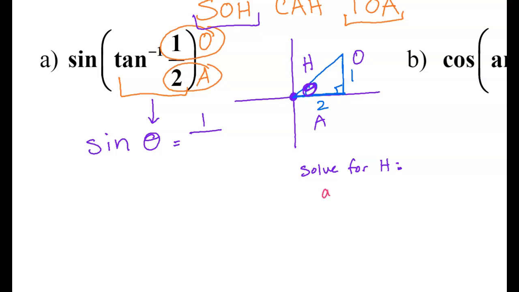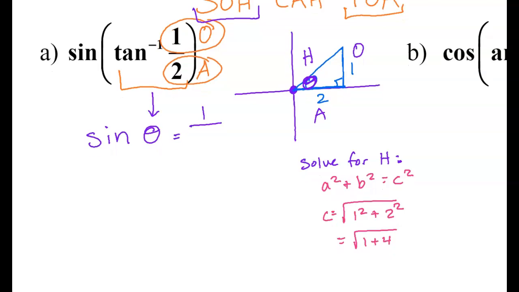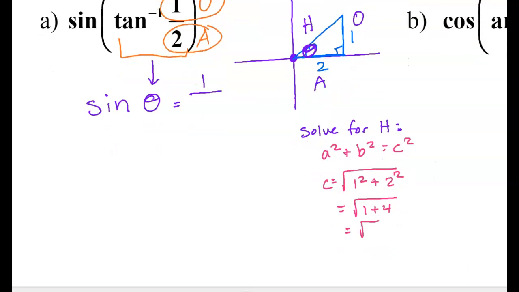Yes, Pythagorean theorem. Now we're missing the hypotenuse. Whenever we're missing the hypotenuse, what you do is you take the square root of the two legs squared, added together. So 1 squared is 1, 2 squared is 4, 1 plus 4 is 5.